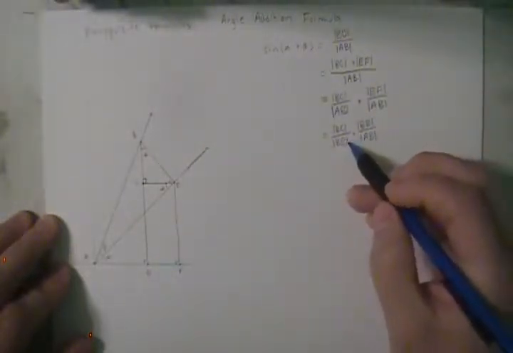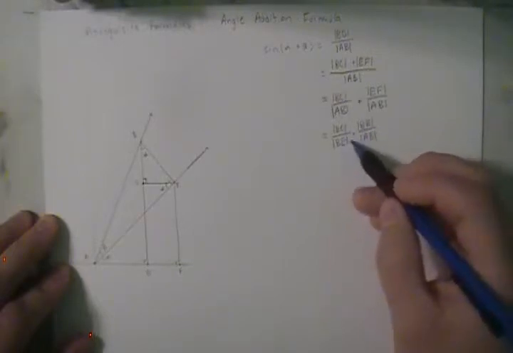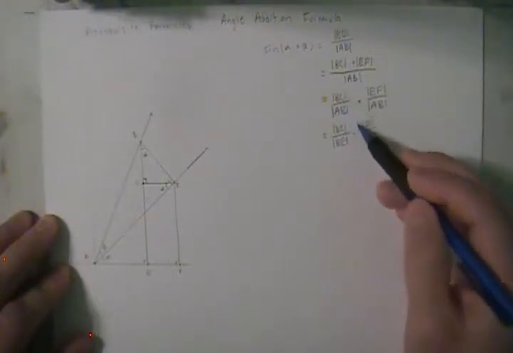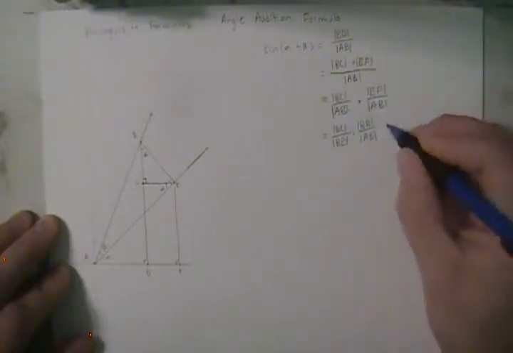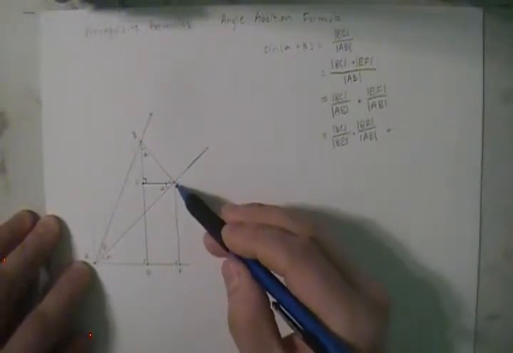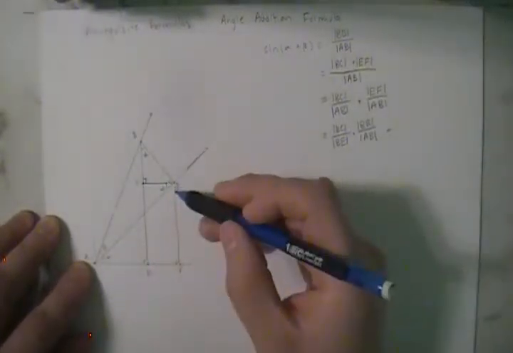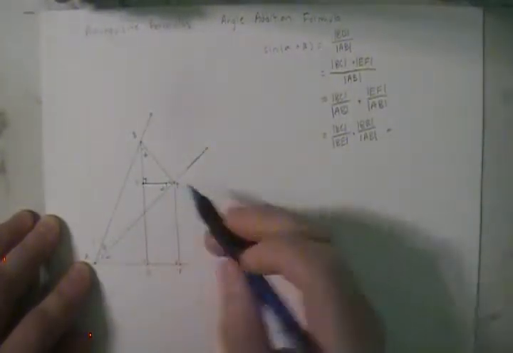So now we can see that these two lengths of BE just divide out, so this expansion is equivalent to the previous line up there. And then I'm going to do something similar here. Instead of EF divided by AB, it'll be EF divided by AE.